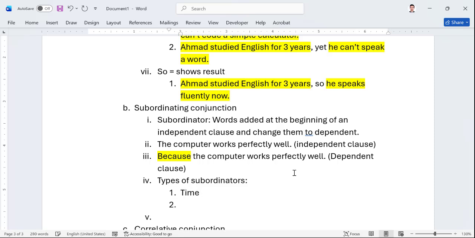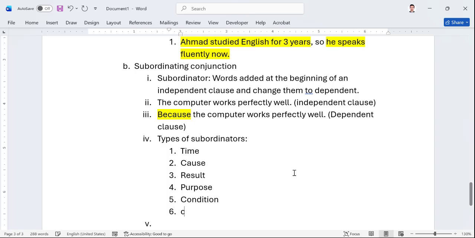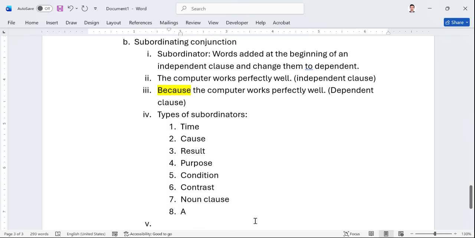We may have time subordinators, cause subordinators, result subordinators, purpose subordinators, condition subordinators, contrast subordinators, and, for example, noun clause subordinators and adjective clause subordinators, and they themselves have their own types.